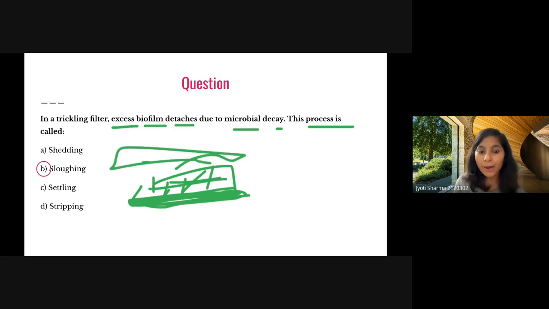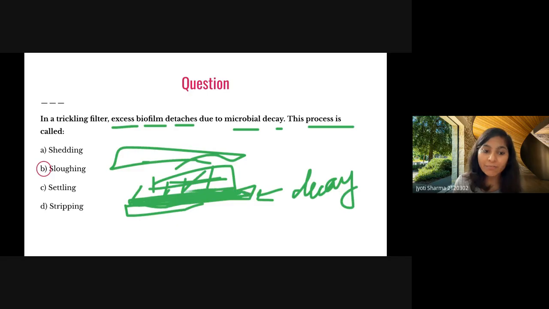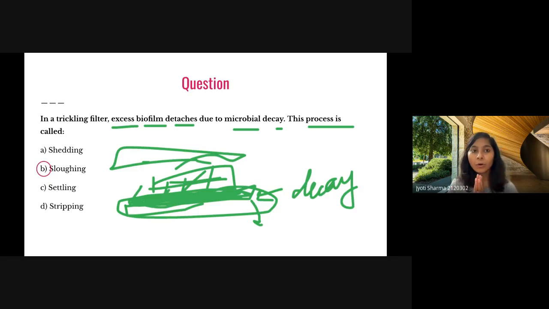So this part is not exposed to oxygen. What will happen if they are not getting oxygen? Then there would be decay. They do not have growth, so they will die, and because they are dead, they can no longer attach to the substrate. They have to detach, and this detaching is known as sloughing.